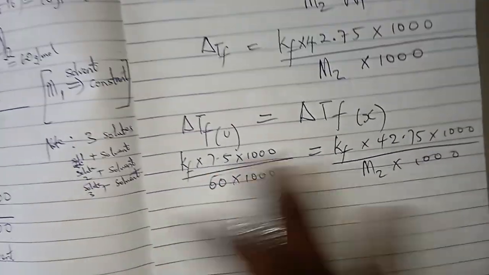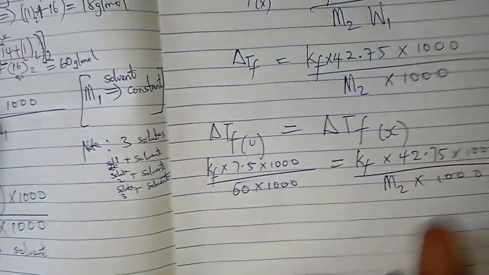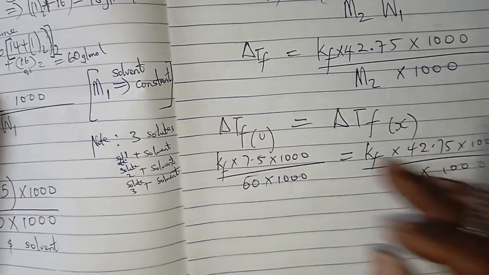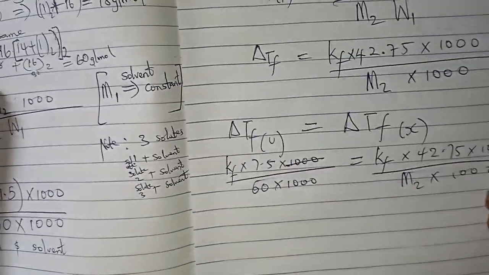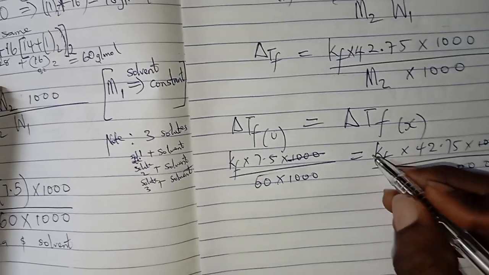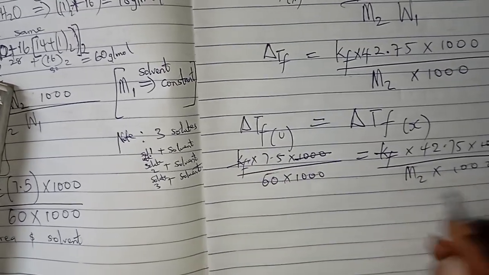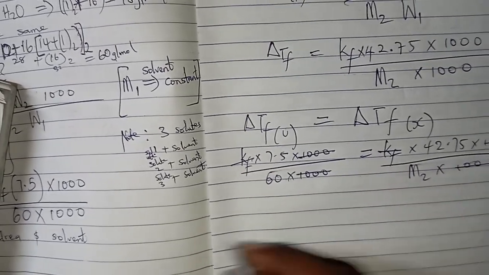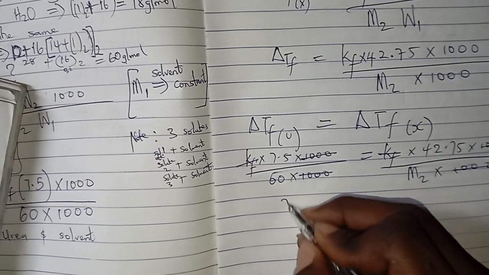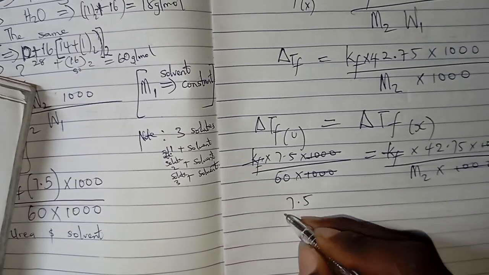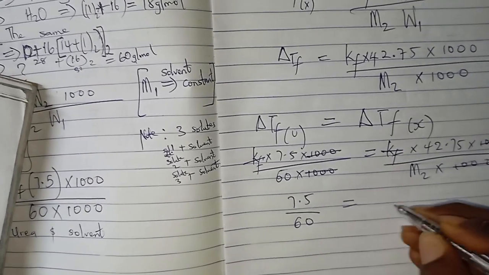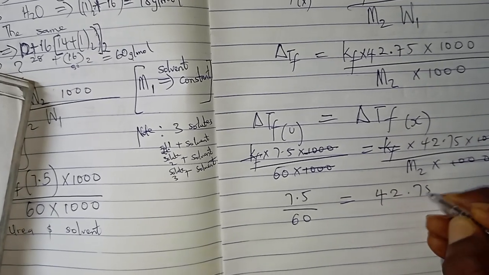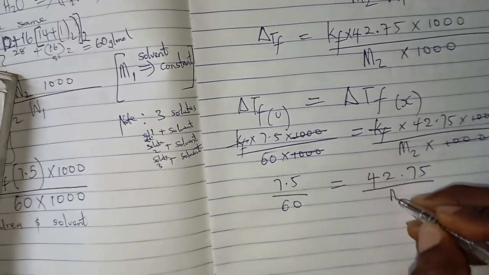Mathematically, I have 1000 here and 1000 here, cancel. I have Kf here and Kf here. I have 1000 here and 1000 here. What do I have left? I have 7.5 all over 60 equals 42.75 all over M2.